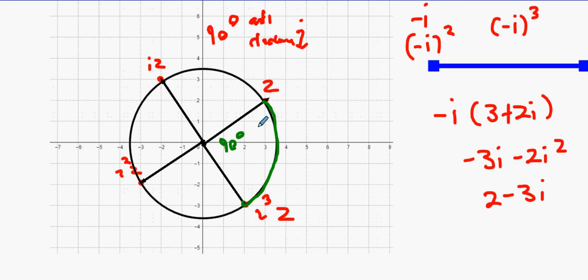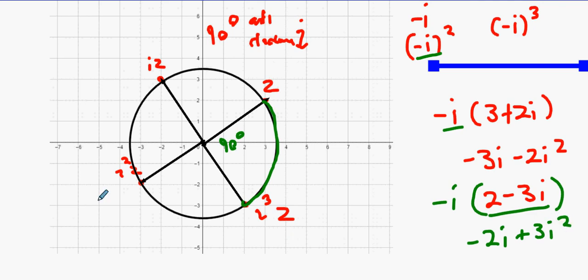Is that right? So, how would I convert this answer into minus i squared? I could just multiply it by minus i again, couldn't I? And what happened then? Minus 2i, yeah, plus 3i. Alright, and what's it become now?